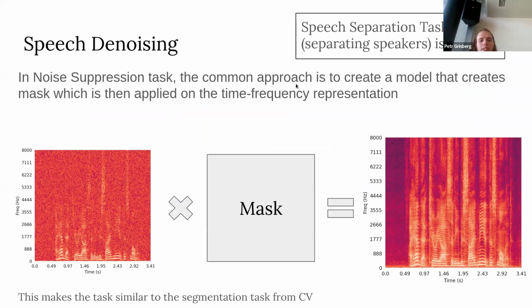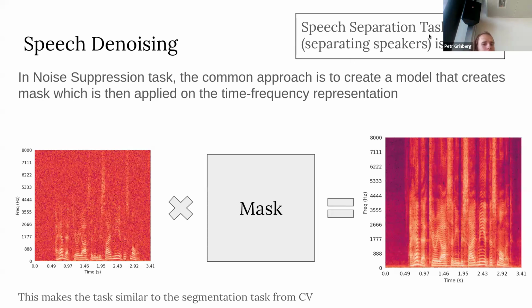The common approach is you create a model that outputs some mask which is applied on a time frequency representation. So you have this STFT plus noise, and you apply some mask, just multiply your magnitude by this mask, and you get clean magnitude. And your speech is denoised.